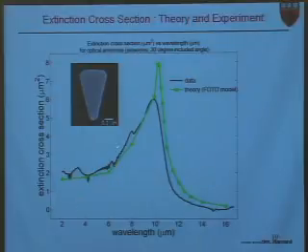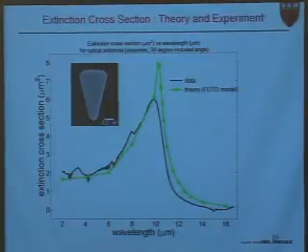So that leads to a peak in the extinction cross-section. So we were quite excited to see that the data, which is in black, agreed very well with our modeling, which is in green, the same modeling that was used to predict those enhanced fields around the antenna. And these two quantities are compared without any sort of fitting parameters. So it agreed quite well in terms of the position of the resonance as well as its peak.